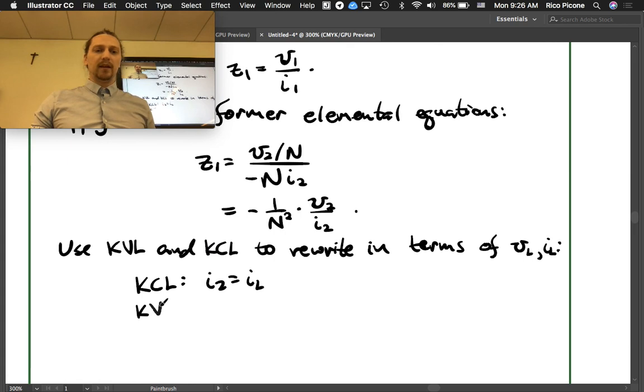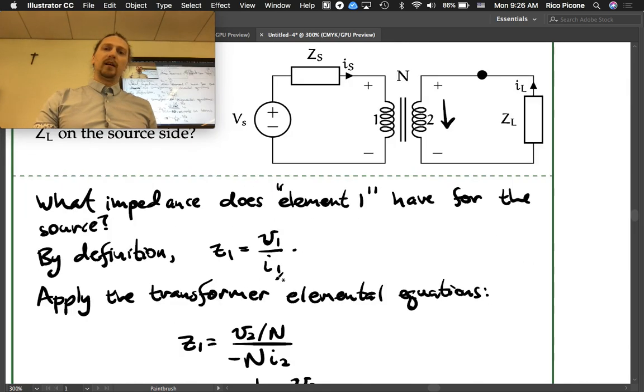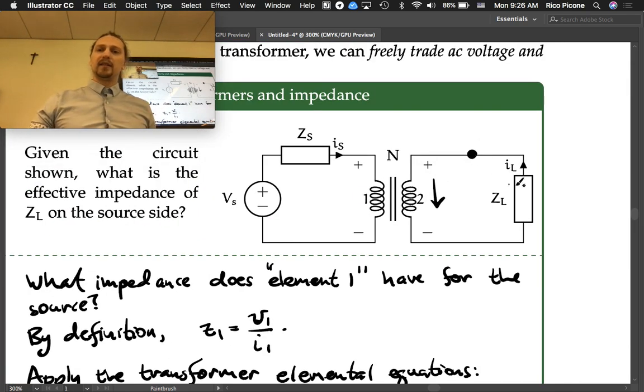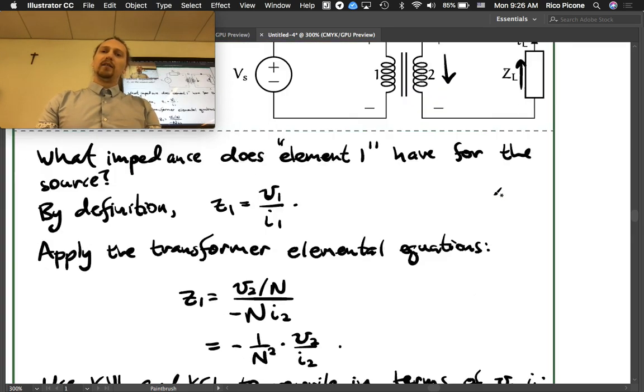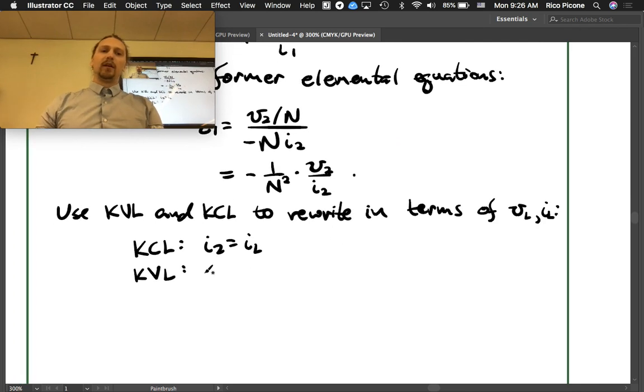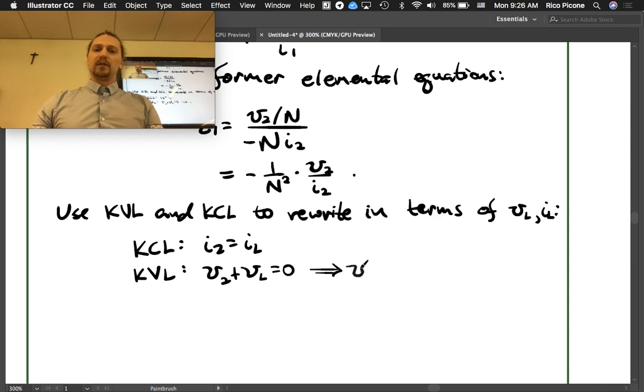If we do a quick KVL, then we see that this is going the other way, right? So V2 equals negative VL. Or you could say V2 plus VL equals 0, which implies that V2 equals negative VL.